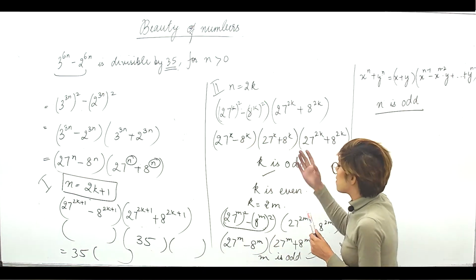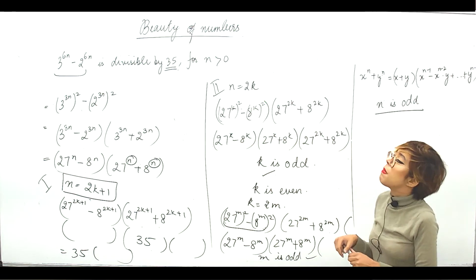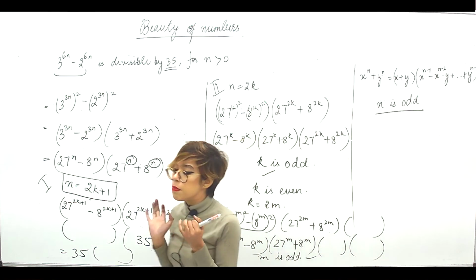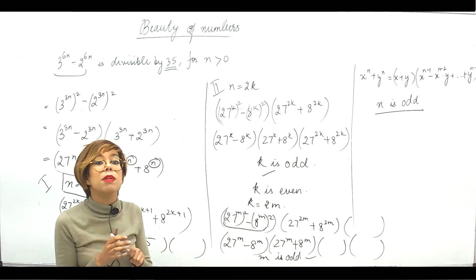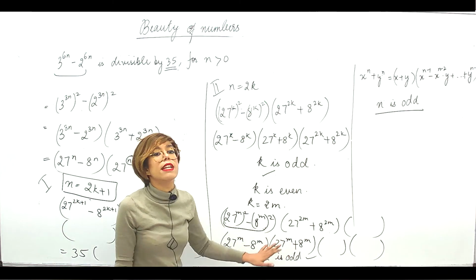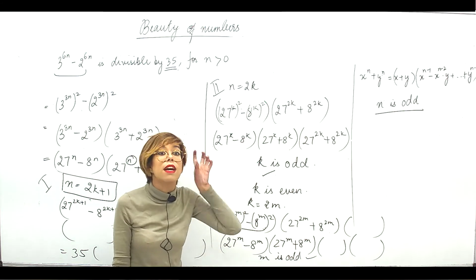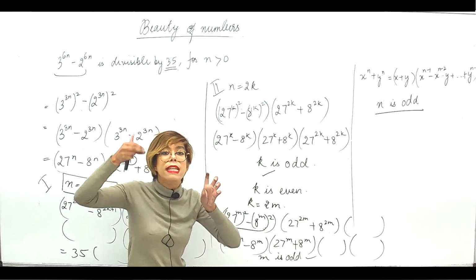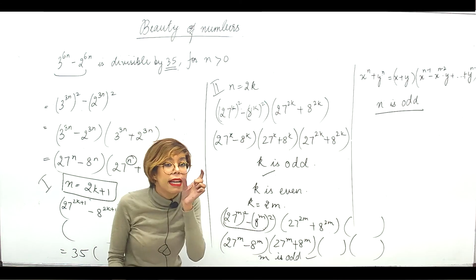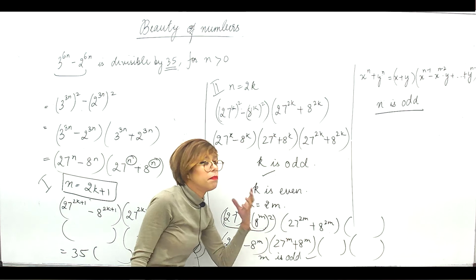Then I say do this step again. Now you say, ma'am, will this process end? Definitely this process will end, because ultimately I will get the powers of 2 outside, whatever the even part in n is. If I take out all the factors of 2 outside, ultimately I will be left with an odd number.